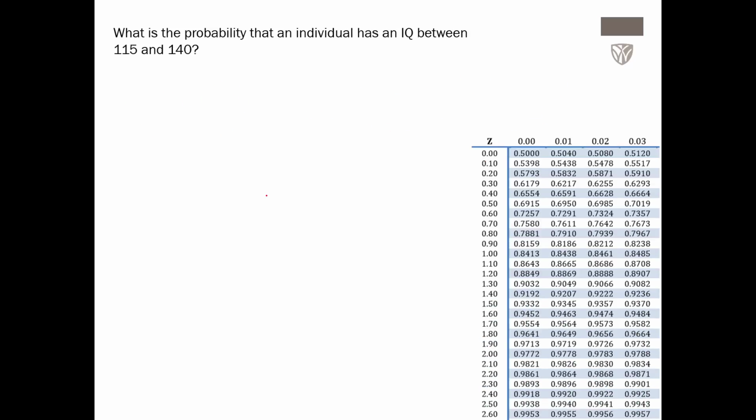If we want to know the probability that an individual has an IQ between 115 and 140, again, we're going to need to take a little side trip and compute some z-scores. We've already done that for 115, so we don't have to do that again, but we don't know the z-score for 140.